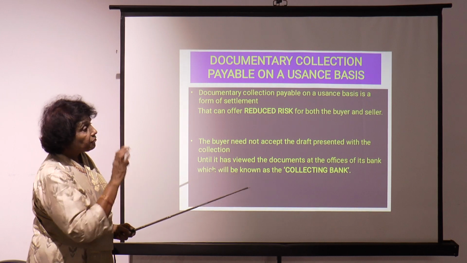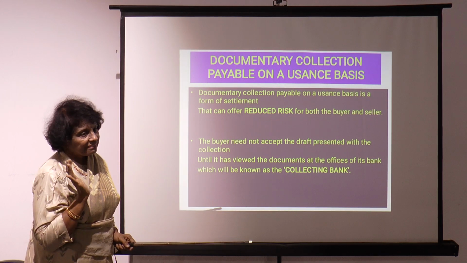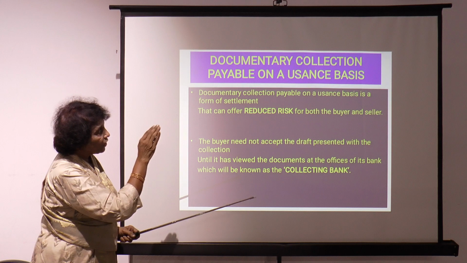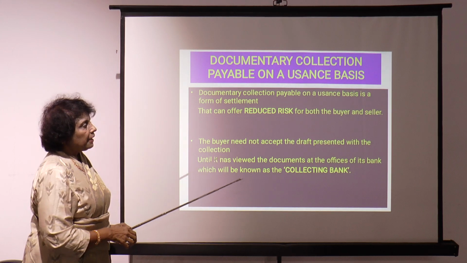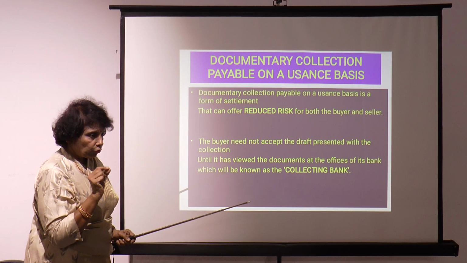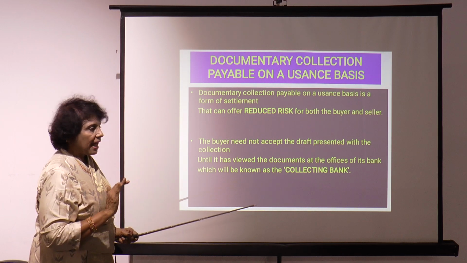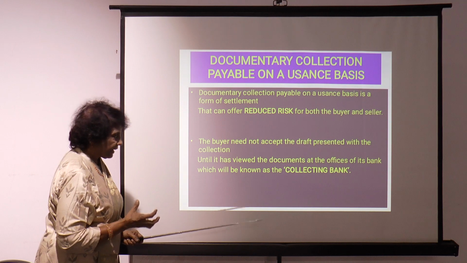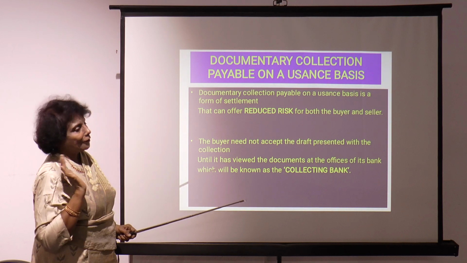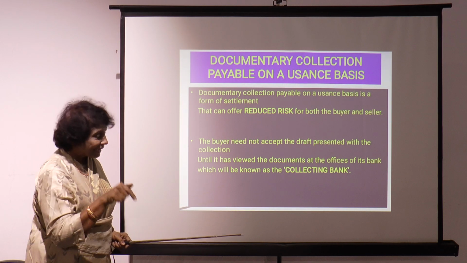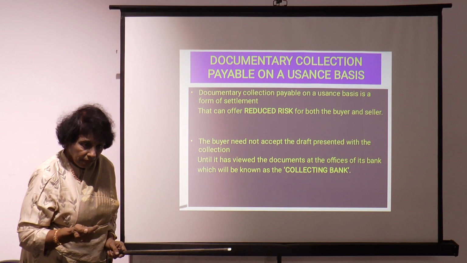So, documentary collection on a sight basis is a very simple procedure. Whereas if it is on usance basis, there is a reduced risk for both the buyer and the seller. But the buyer need not accept the draft presented with the collection until he has viewed all the documents at the collecting bank. Yes, his banker is the collecting bank.